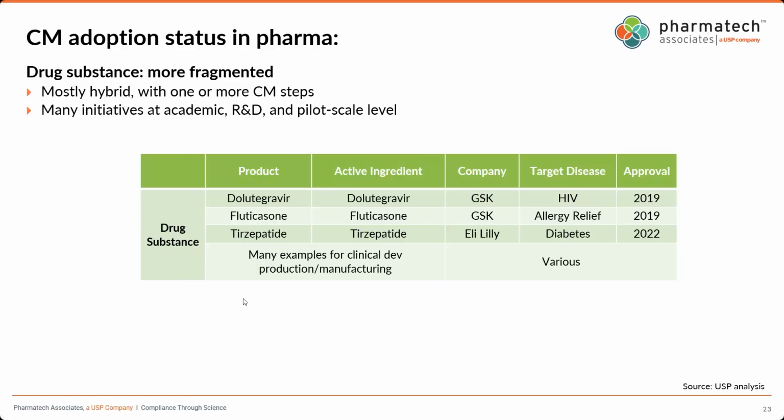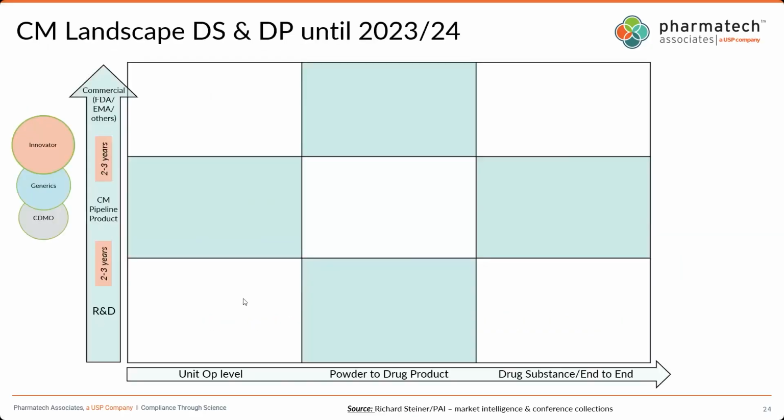I have been asked frequently at conferences about the same thing: where are we with continuous manufacturing? So I started to invent my own kind of grid and landscape, and I will walk you through that. Just to explain what you see, it's a kind of small chessboard, if you will. From left to right, you have 3 columns.